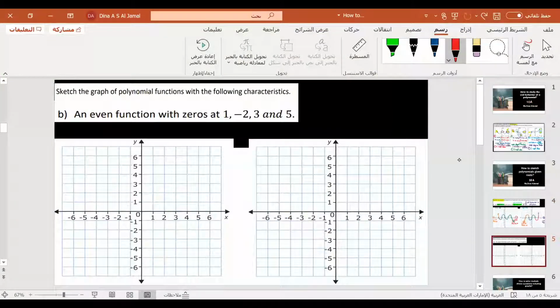Now, let's see if I have an even function and he gave me the zeros. From the beginning, what are the zeros? 1, minus 2, 3, and 5. Just put them. Then let's decide: what is special about the even function is that the end behavior must be in the same direction.